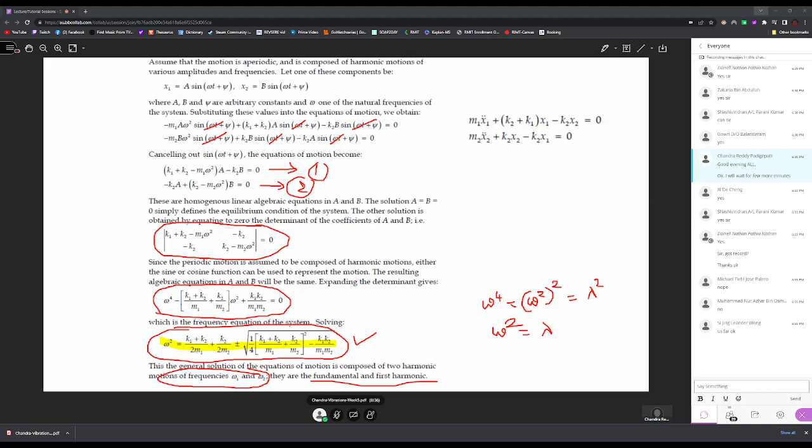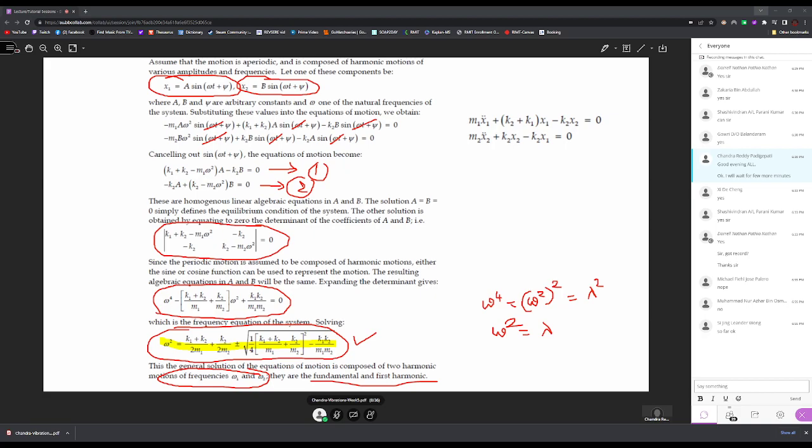You can see it becomes a bit mathematical, so you need to apply a bit of mathematical analysis in solving for the frequencies omega 1 and omega 2. The analysis starts by assuming the solution in the form of A sine(omega t plus phi) for x1 and B sine(omega t plus phi) for x2.